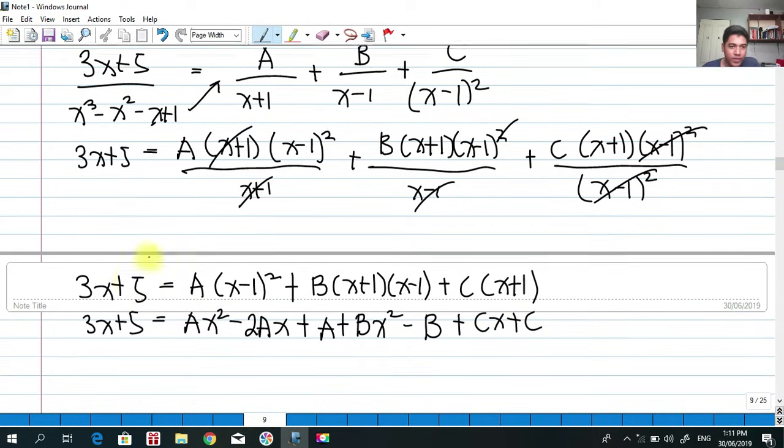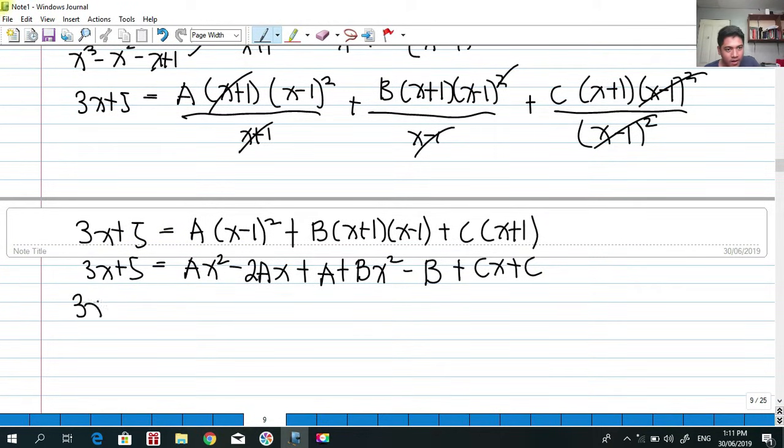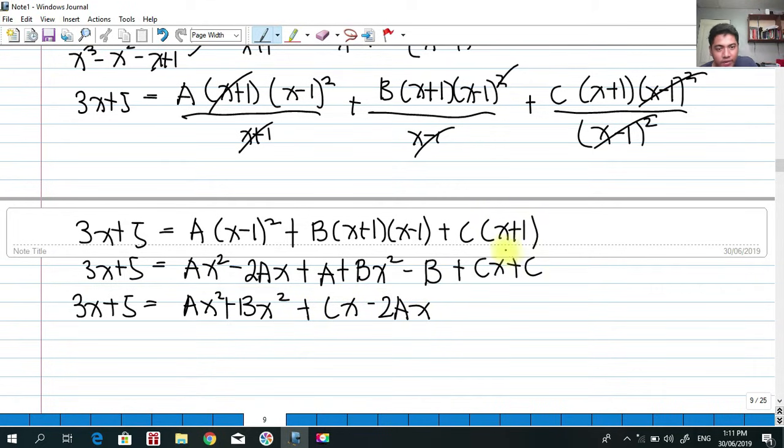And again, we will group them according to their power of x. So we have ax squared plus bx squared. Then for x's we have cx minus 2ax, and for the constants we have a minus b plus c.